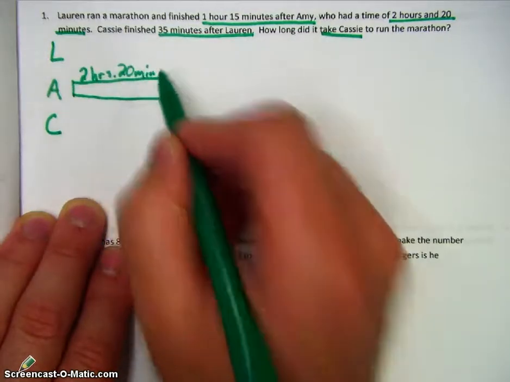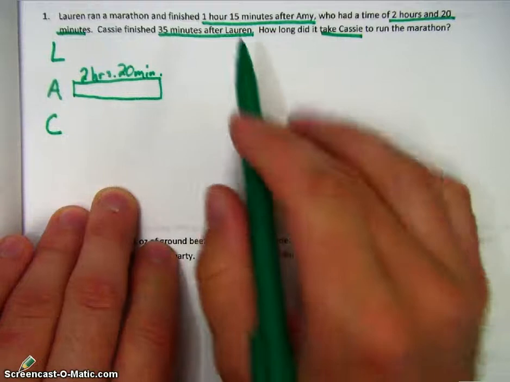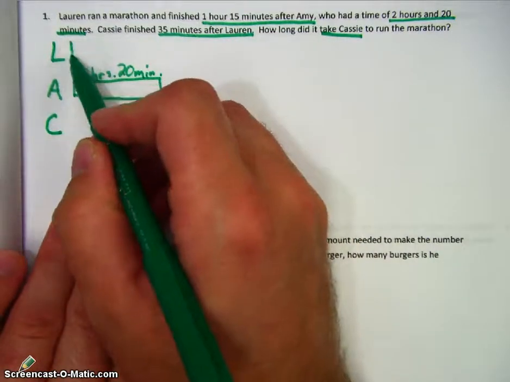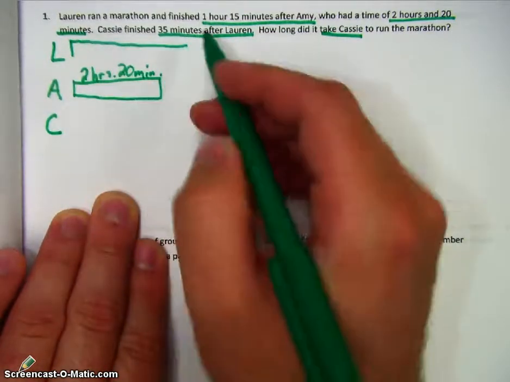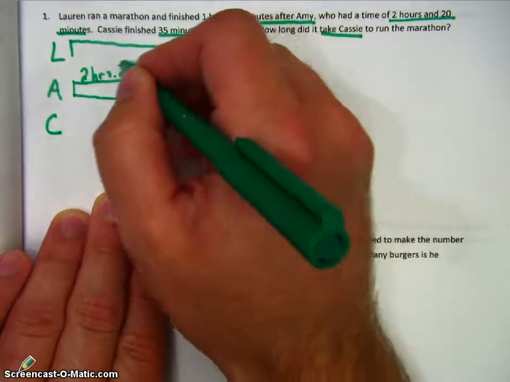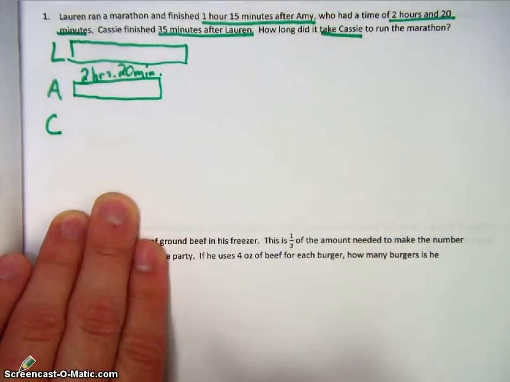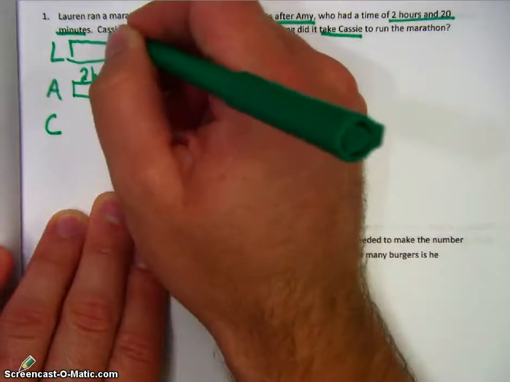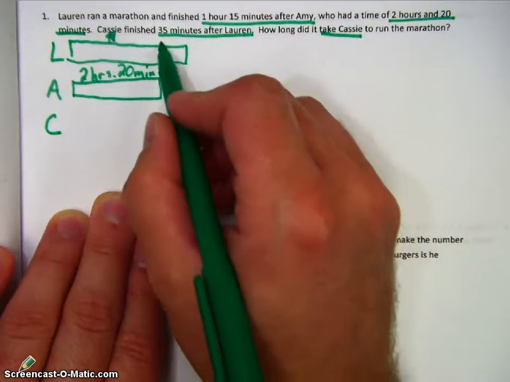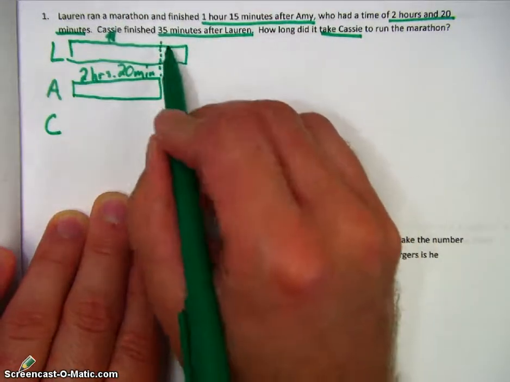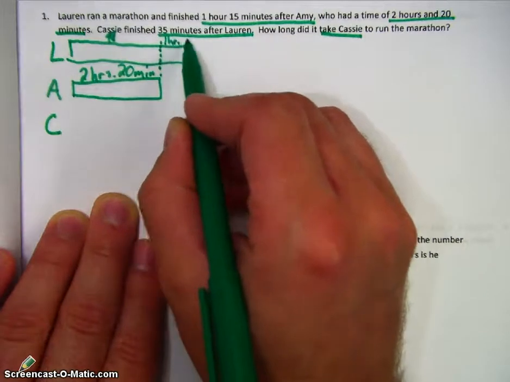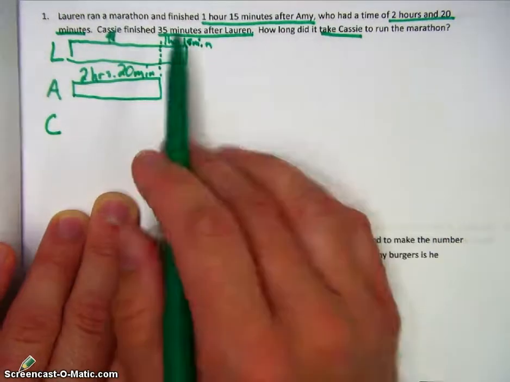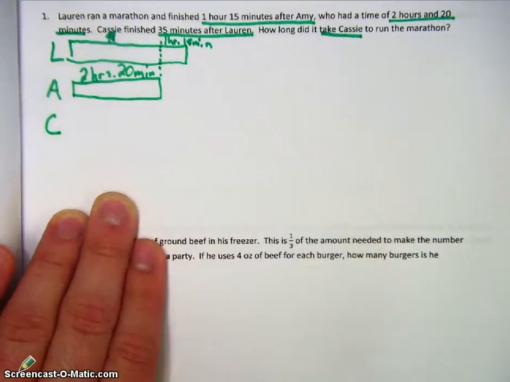Now Lauren finished 1 hour 15 minutes after Amy, so that means her time was longer if it took her more time to finish the marathon. So when we go to label it, our 1 hour and 15 minutes is this section right in here. That's how much time took her past Amy.